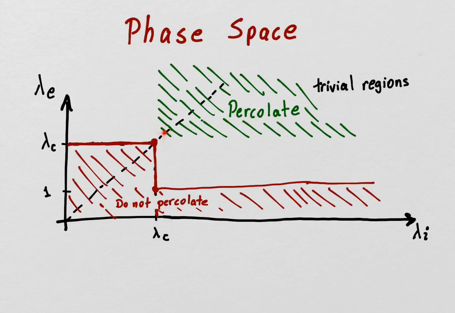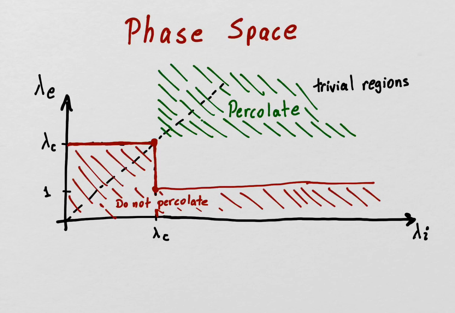And if we take both parameters larger than the critical value of the classical model, then just by comparing the rates of transitions, we have that in all this green region here, the process percolates. Moreover, by comparing with the case where lambda_I is infinity, then the boundaries of this process are just performing simple random walks, and we see that this process will not percolate.